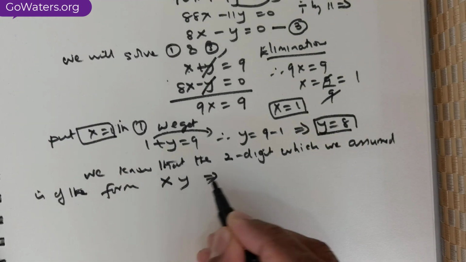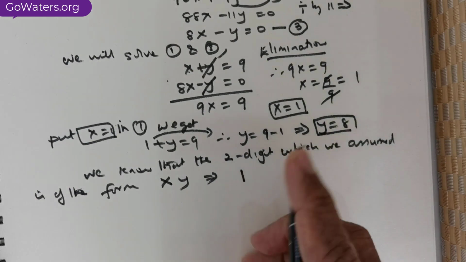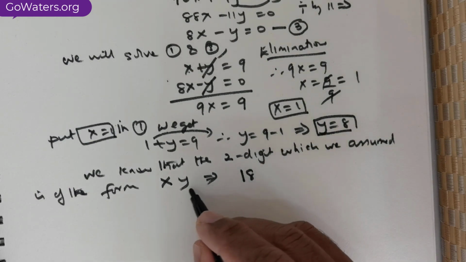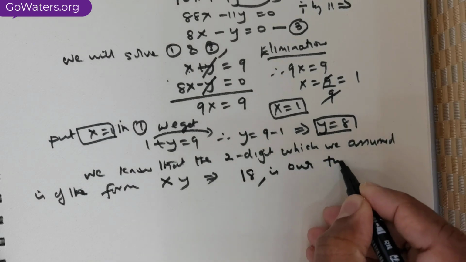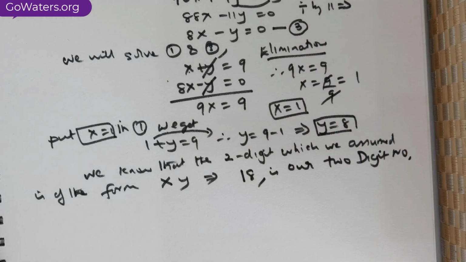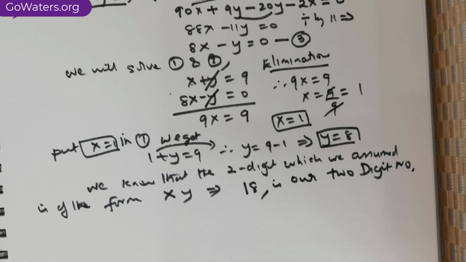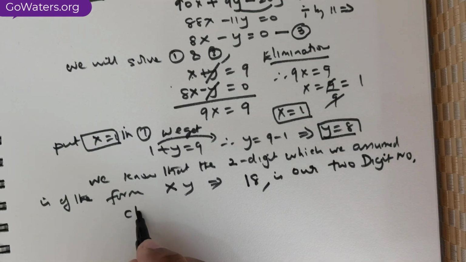So this means in place of x I've got 1, in place of y I got 8, so 18. So this means 18 is our 2-digit number. So that is the solution, and that is a good place for us to stop. And if in case you wish to make a check, I can show you the check.